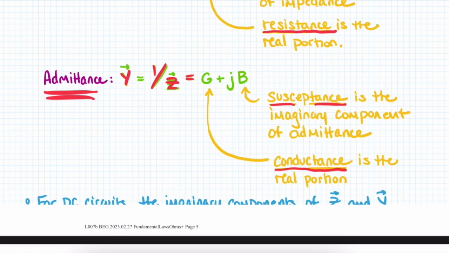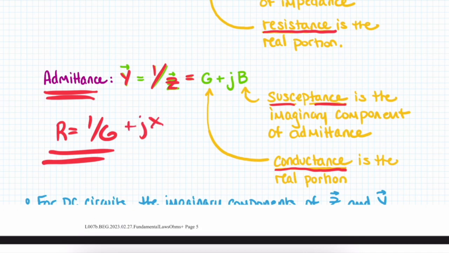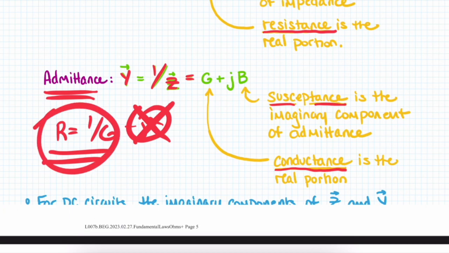You will hear the term conductance utilized in DC circuits. Now, R equals 1 over G. Resistance equals 1 over conductance for DC circuits because our imaginary components don't exist. But this only applies when we don't have any imaginary components.